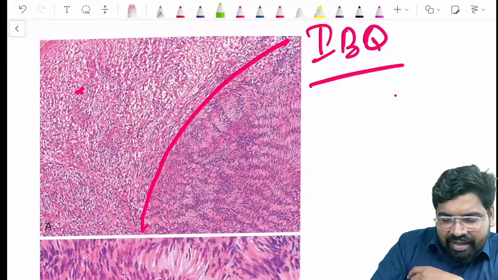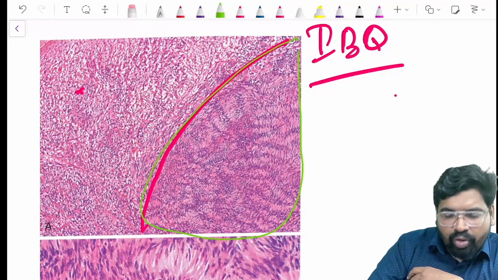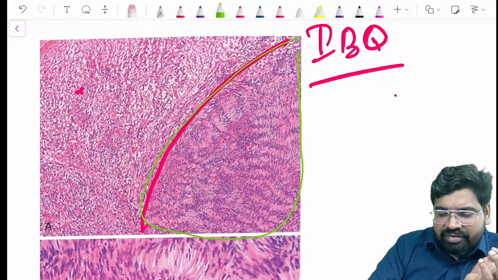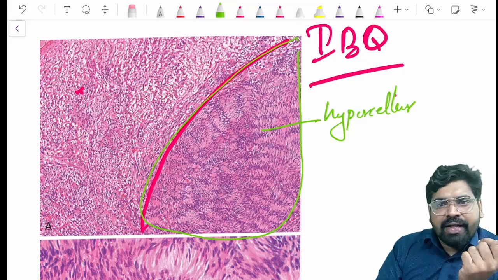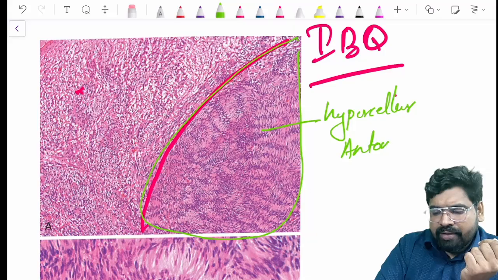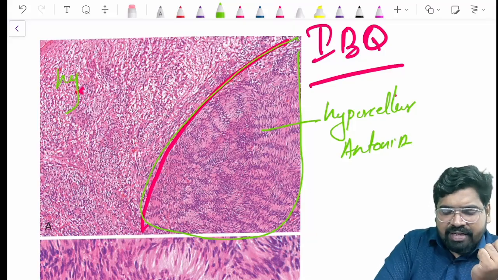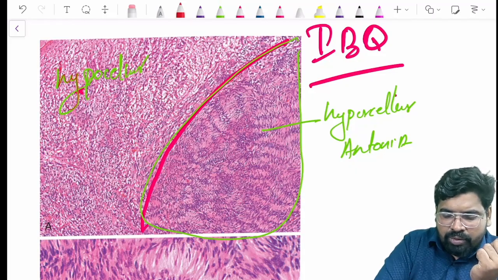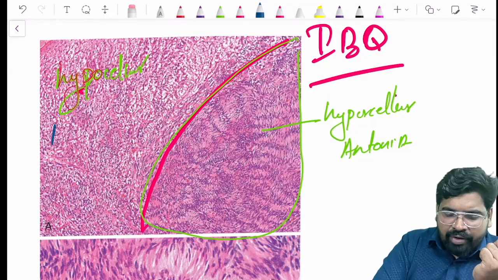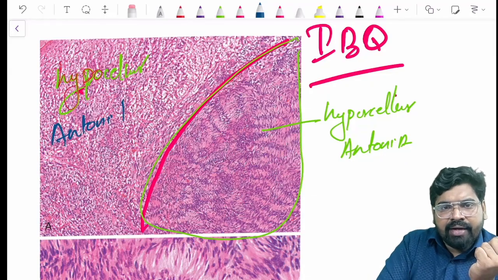In this area you can see so many cells, so many nuclei. This is the hypercellular area, or Antoni A. This area has fewer cells, hypocellular. This is called Antoni B area.